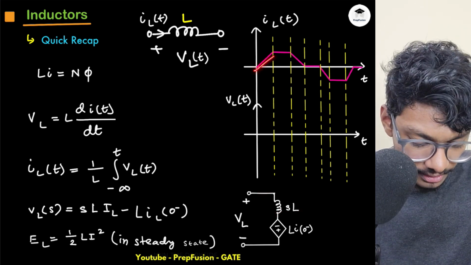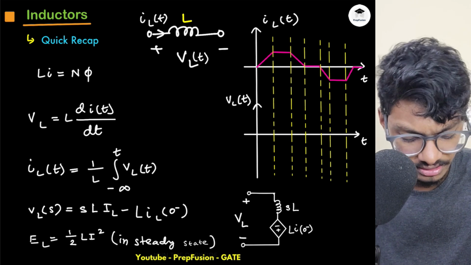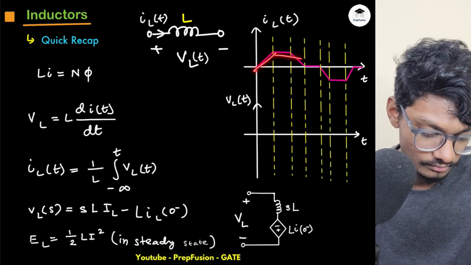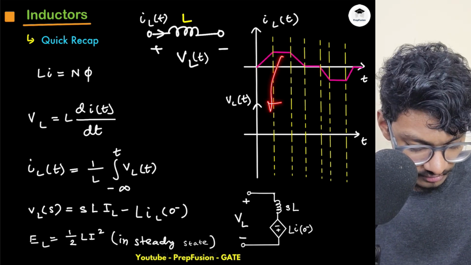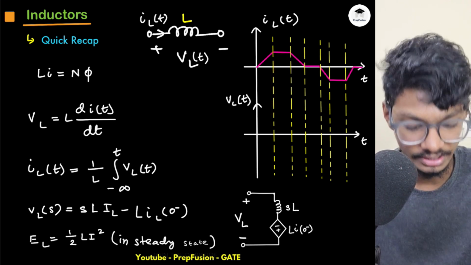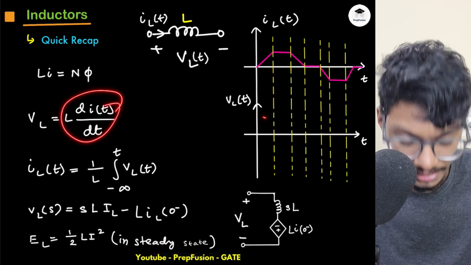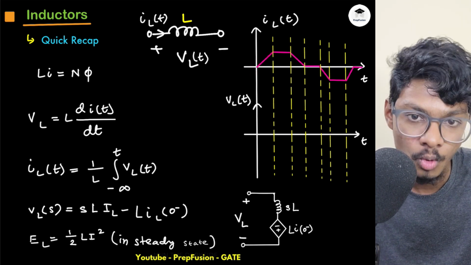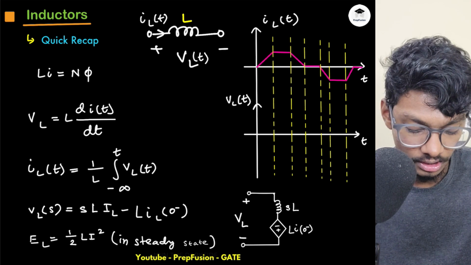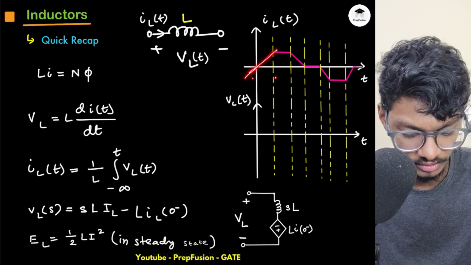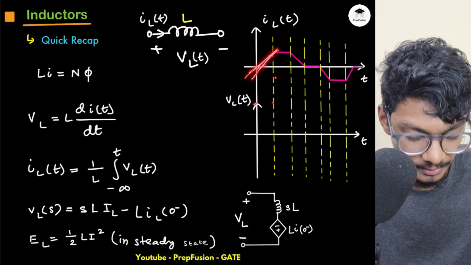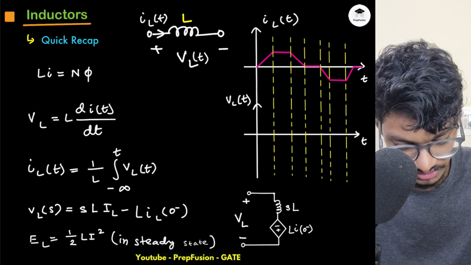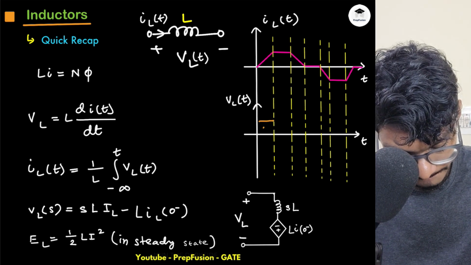If the current inside the inductor is something like this, can I find out the voltage from this current waveform? Yes. Voltage is L dIL by dt, it is proportional to the slope of the current. From 0 to some value the slope is positive, so the voltage will be plus.